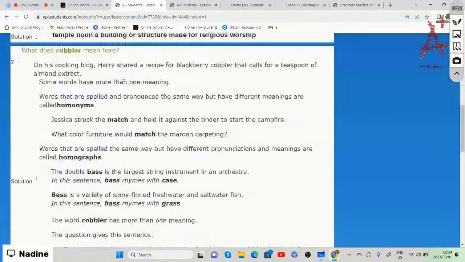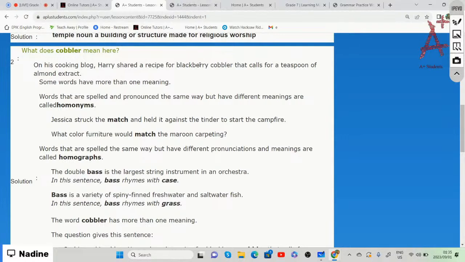So on his cooking blog, Harry shared a recipe for blackberry cobbler that calls for a teaspoon of almond extract. So the meaning of cobbler, right?